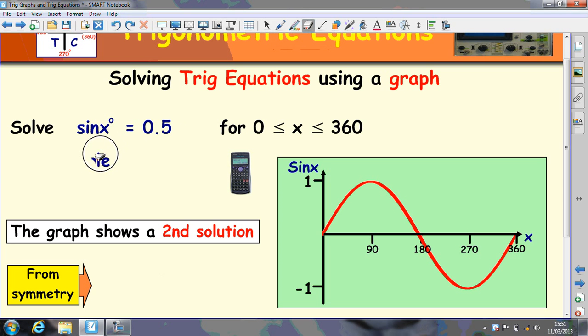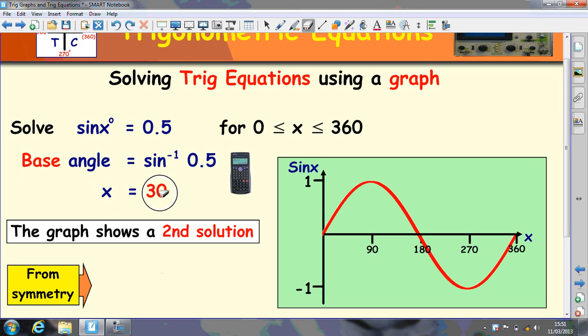Now we call this the base angle. We don't call it x at this point. The reason for this is that the base angle isn't always our first solution. In this case it is. It comes out as 30 degrees, but later on you'll see sometimes it's not. So if you inverse sine 0.5 you get 30 degrees.